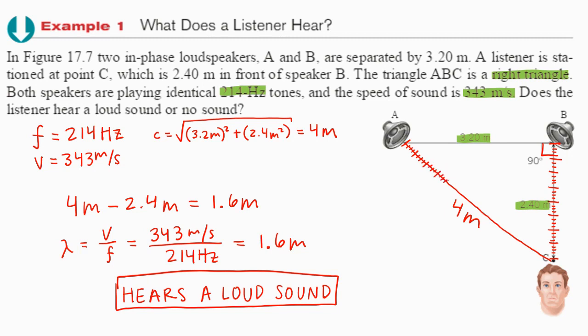However, they only have to travel 1.6 meters farther, which is the same distance as the wavelength. So by the time those waves are reaching the person, they will constructively interfere there. The long lines I'm representing areas of compression, for example. So you can see that even though the waves from A to C have to travel 1.6 meters farther, since that's equivalent to one wavelength for these waves, you end up having constructive interference there and the person hears a louder sound.